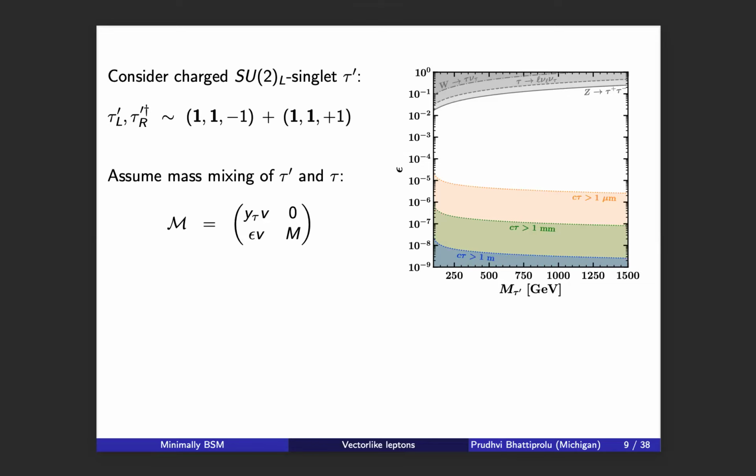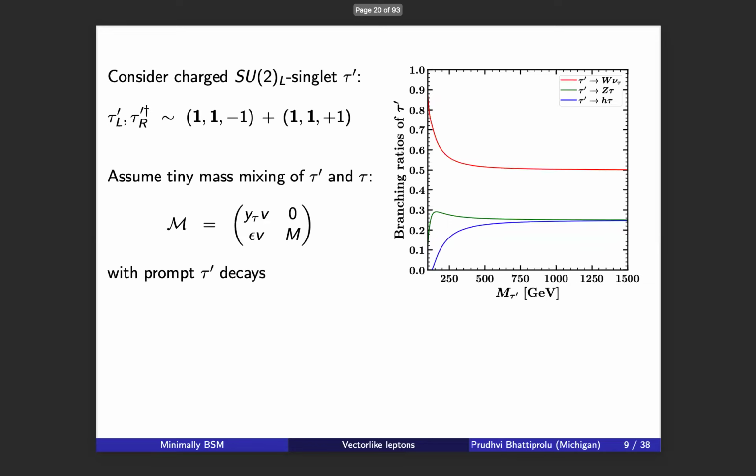So I'll assume that the mixing is tiny, but still allows for prompt tau prime decays within the collider length scales. With that, I now have a prediction for the branching ratios of tau prime as a function of its mass. Tau prime can decay to W neutrino, Z and tau, or Higgs and tau.